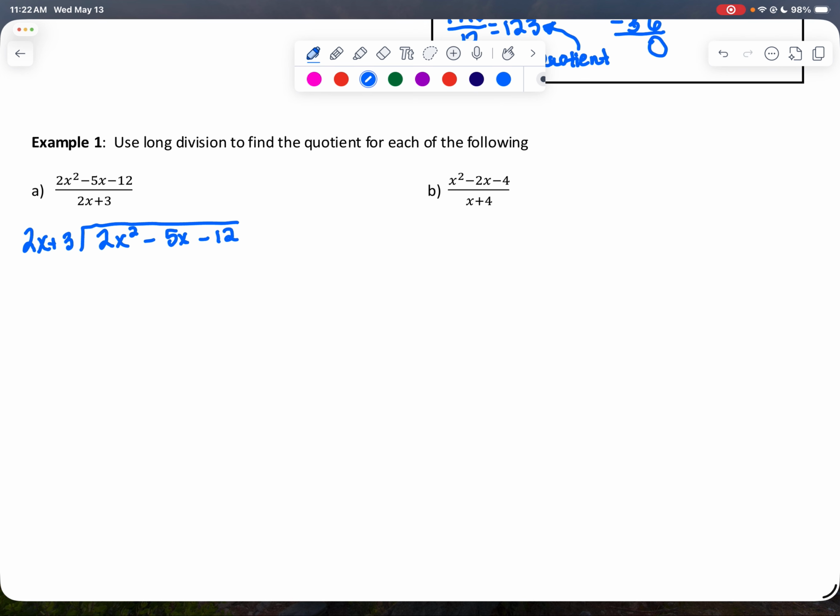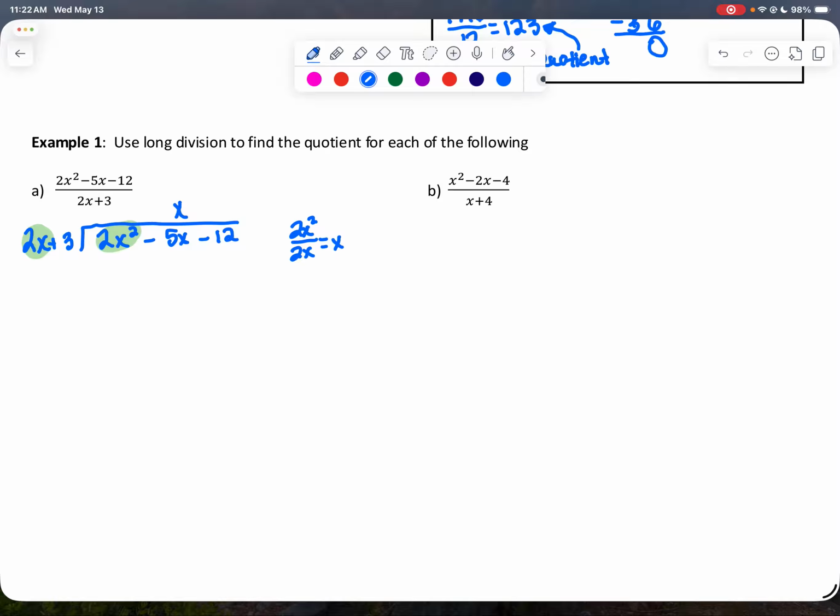Now, again, we're going to follow the same steps. We're going to take our first term and divide it by our first term. We're taking 2x squared and dividing it by 2x. Well, 2 divided by 2 is 1, and x squared divided by x is simply x. So I'm going to put it above the x term.